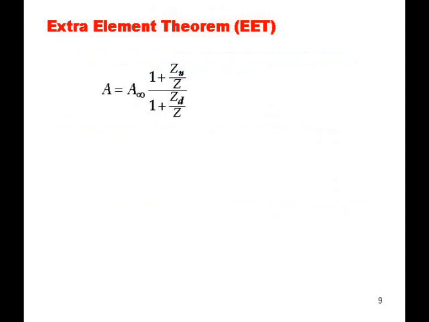There's a simple form of the theorem, and what it means is that if you've already calculated the gain, say, of some circuit, call that A sub infinity, and you decide after you've done that you need to add another element into the model, some stray capacitance perhaps, to see what effect it has, the conventional approach is to do the analysis all over again from square one, which is of course more complicated than it was the first time you did it, because there's one more element in it now.